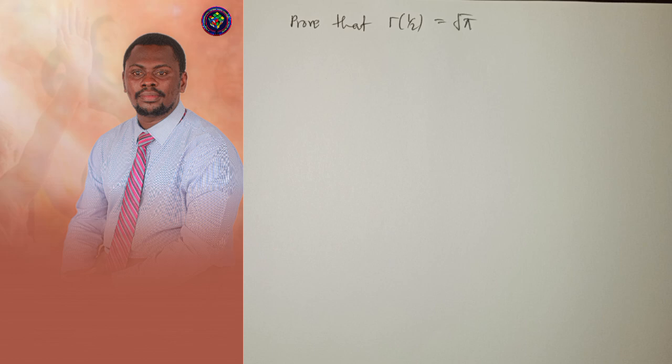Prove that gamma of 1 over 2 is equal to square root of pi. Okay, so in this video, we are going to prove that gamma of half is equal to square root of pi by using the definite integral definition.